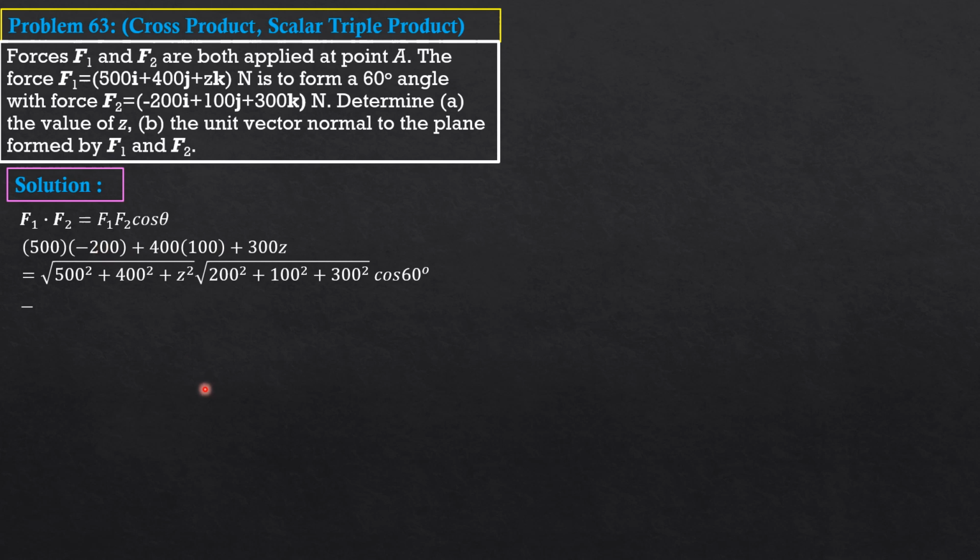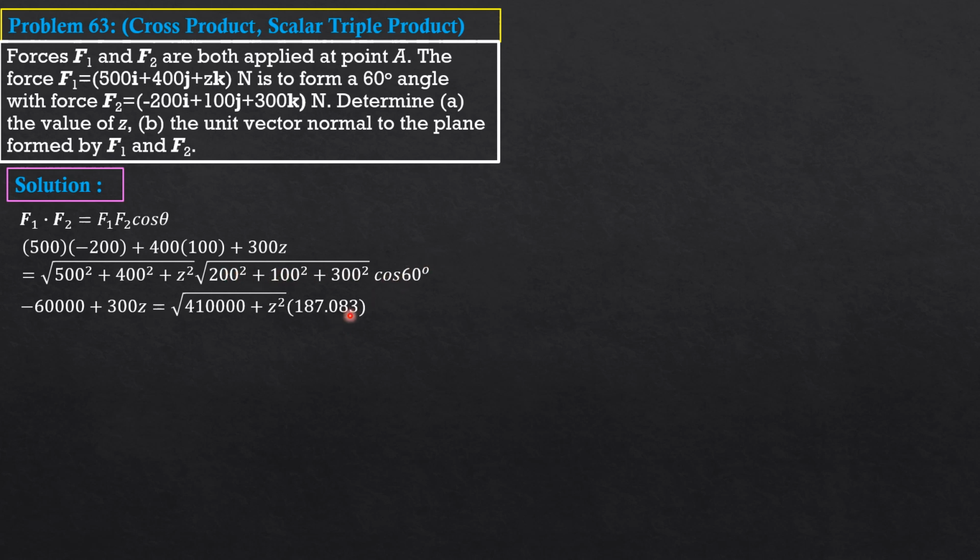Simplifying the left, it is negative 60,000 plus 300Z, then square root of 410,000 plus Z squared, this one. Then this entire value, this magnitude is 187.